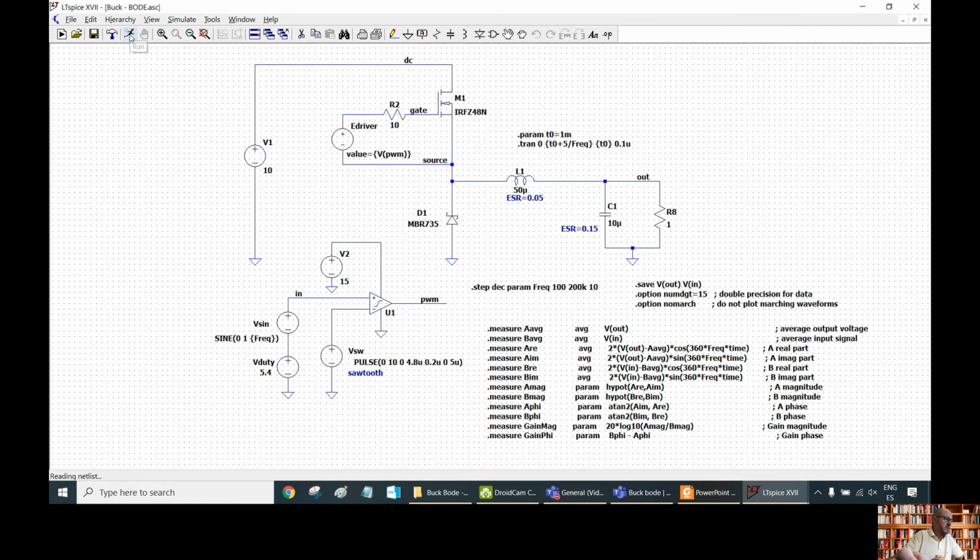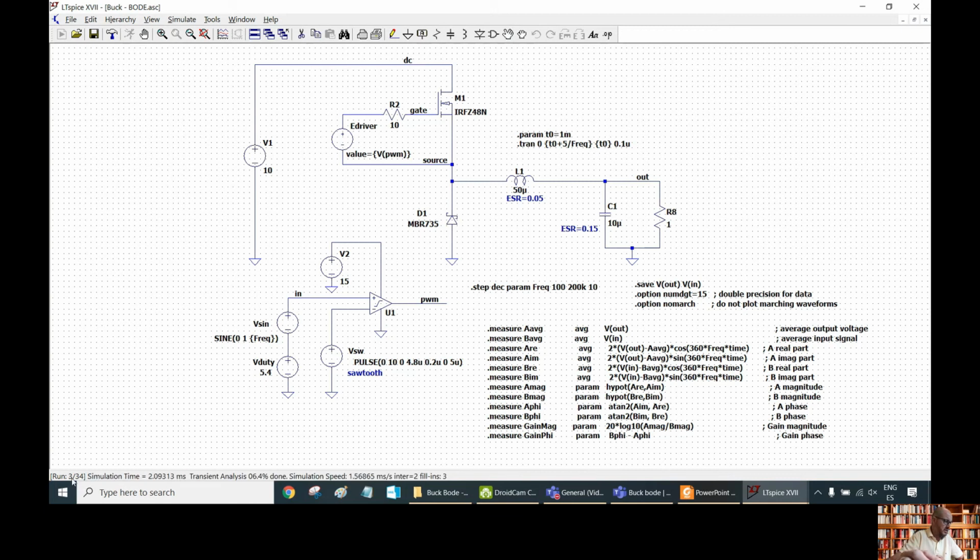So let's now run our simulation and see the results. Click here, run. You can see here below in this line that it is running 1 of 34 simulations. We need to perform in total 34 simulations to see all the results, because we need to do several simulations with the different frequencies from 100 hertz to 200 kilohertz with 10 frequencies per decade.